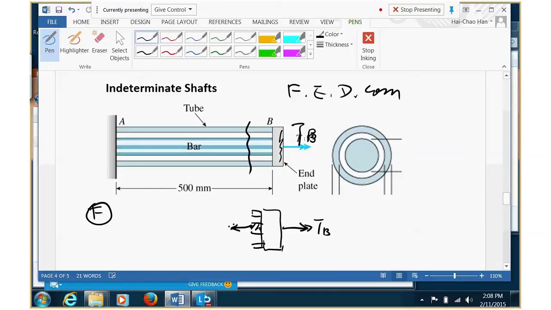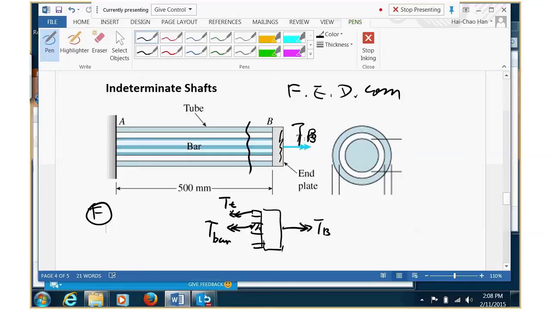What do you want to call it? T bar. Okay, then the other one is the cylinder outside. There will be an action and reaction if you cut it out. So you're going to have another torque here, let's call it T tube.